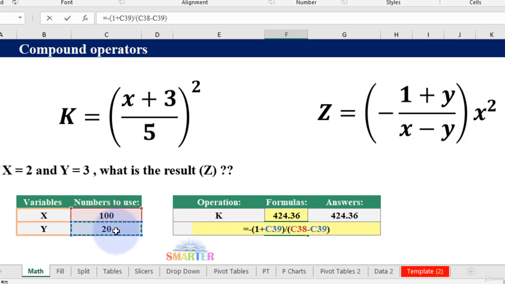Okay. And after that, there is a second term here, and this term is x squared. So the first term here is multiplied by x squared.